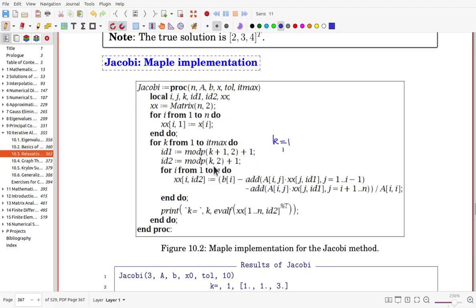And ID 2 is k modulo 2, which gives 1, so that will be 2. How about k is 2? Then 2 plus 1 is 3, modulo 2 will be 1, plus 1 will be 2. And k is 3, again 1, 2. So it is 1, 2, 2, 1, and it repeats.